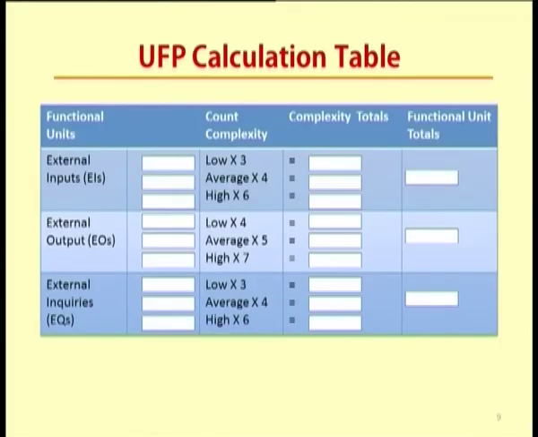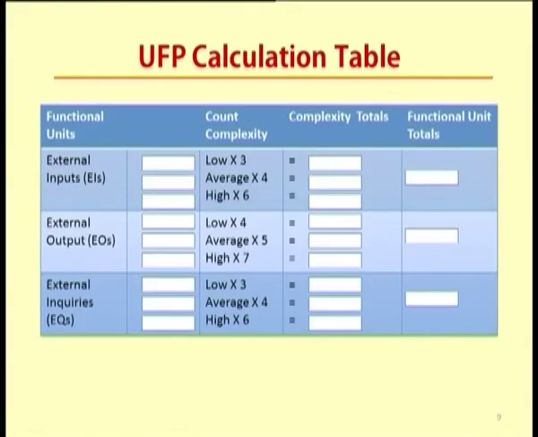How exactly to count UFPs? UFPs are called unadjusted function points. So how do we estimate the UFP based on the calculation table which I have shown you before? For all the functional units I have mentioned, external input, external output, inquiries, logical files and interface files, we just have to take the count complexity, which will be estimated as per the customer requirement.